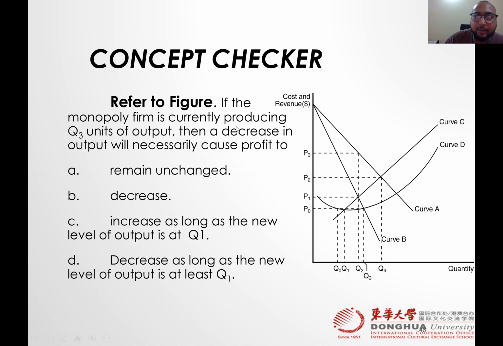So again, refer to the figure here. If the monopoly firm is currently producing at Q3, this level, then a decrease in output will necessarily cause profit to... It's a challenging question. Answer that.